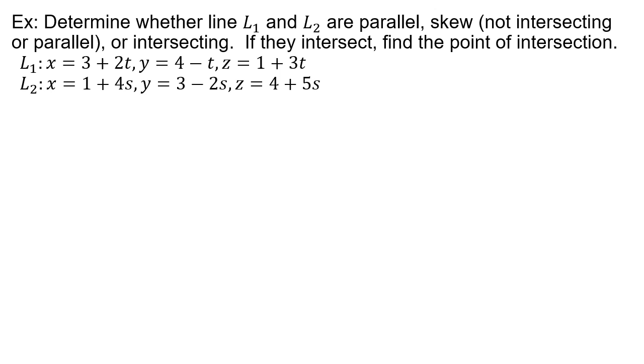So I have two lines given parametrically. And what I could do is look at the direction vectors. My direction vector here for V1 would be the 2, the -1, and the 3, the coefficients that are in front of the t's.